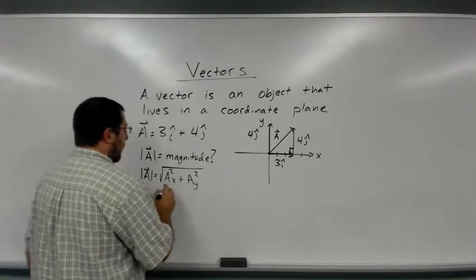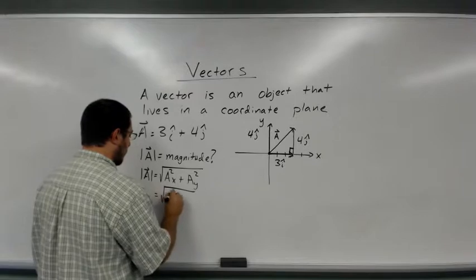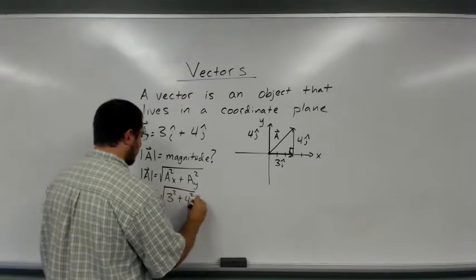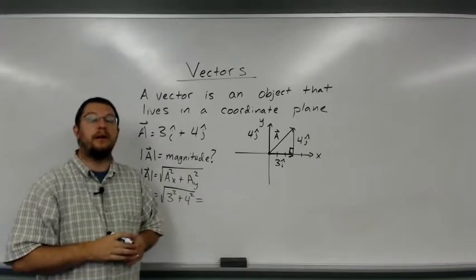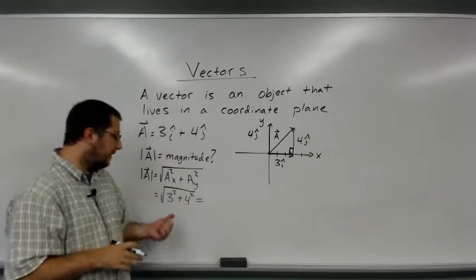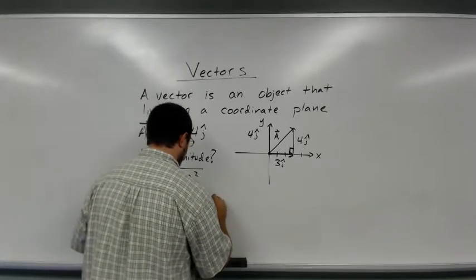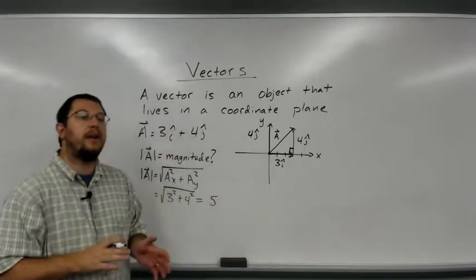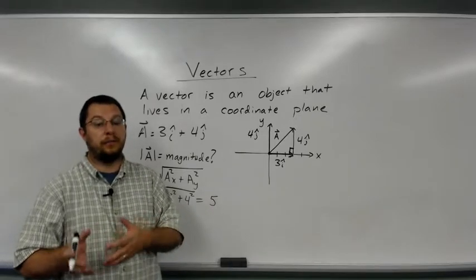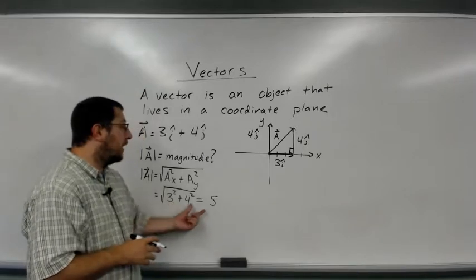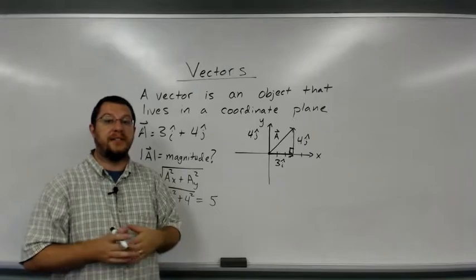And so in this case, I'm going to get 3 squared plus 4 squared, 9 plus 16 is 25. The square root of 25 is 5. And notice again, I don't have to worry about the plus and minus issue. Typically when I take a square root, I have the plus and the minus. When I am looking at magnitudes, magnitudes will always be 0 or positive.